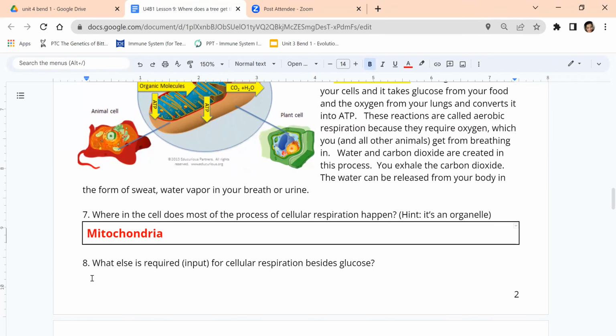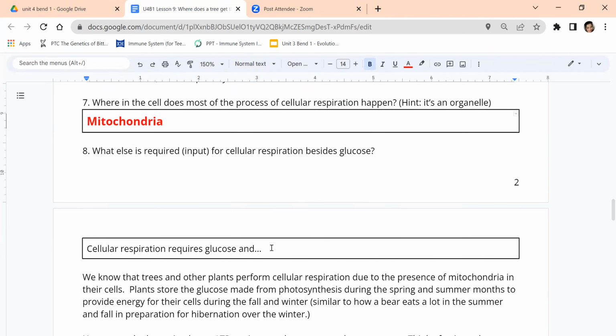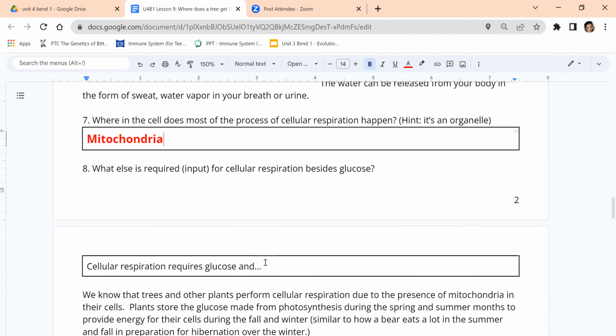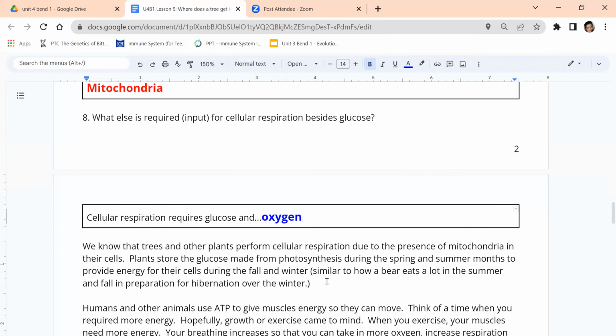Okay. So what else is required for cellular respiration besides glucose? Well, we saw right here, we need some oxygen as well to make this happen. So glucose and oxygen are required for cellular respiration to take place.